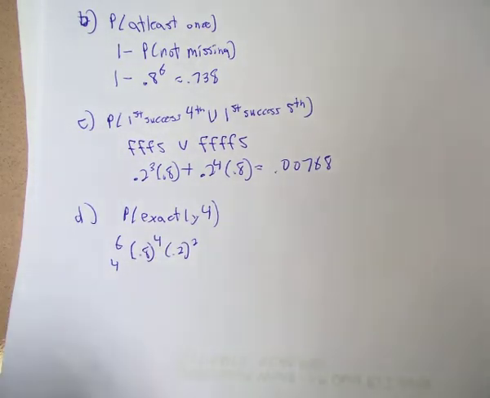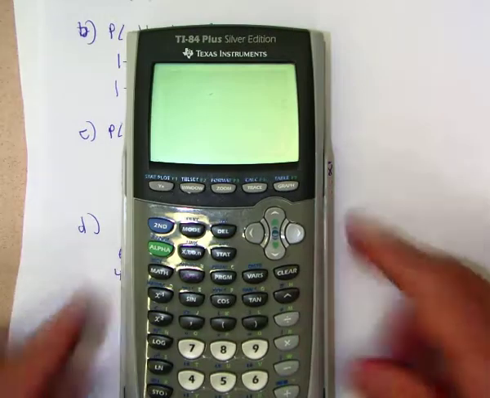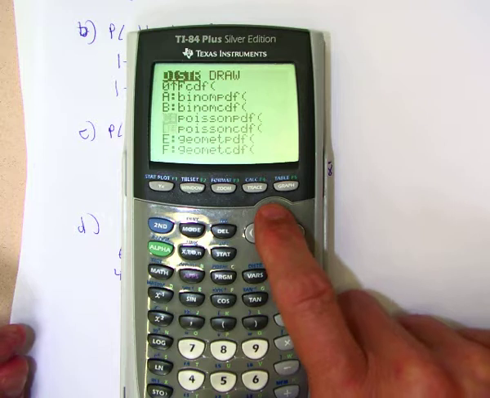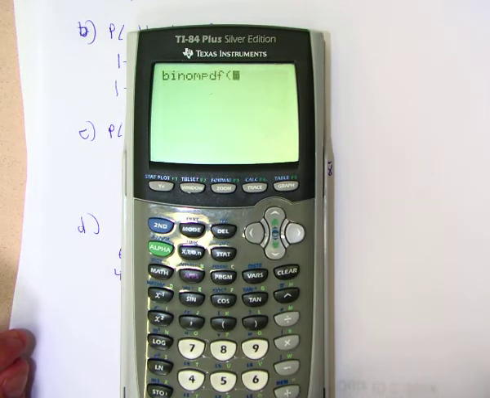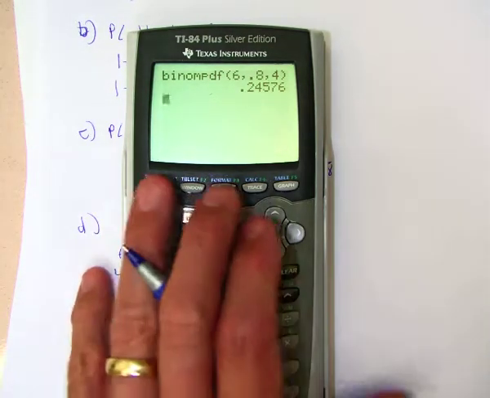Okay, and the way that we would do that is we would evaluate that using binomPDF. So we go binomPDF, 6, comma, 0.8, comma, 4. And you should get 0.24576.